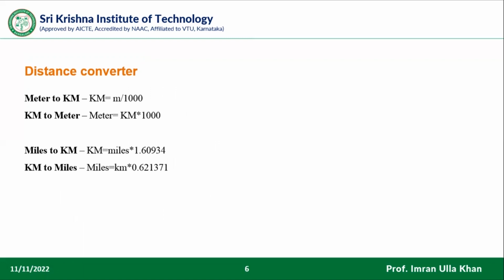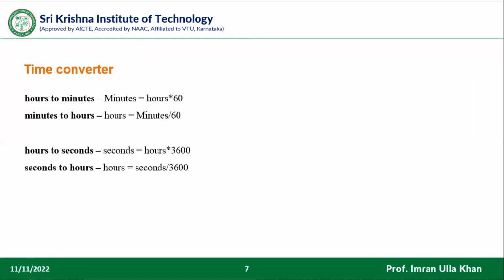And then the time converter, the third function, where they have asked hours to minutes, minutes to hours, and hours to seconds also. This we will see in the code now.